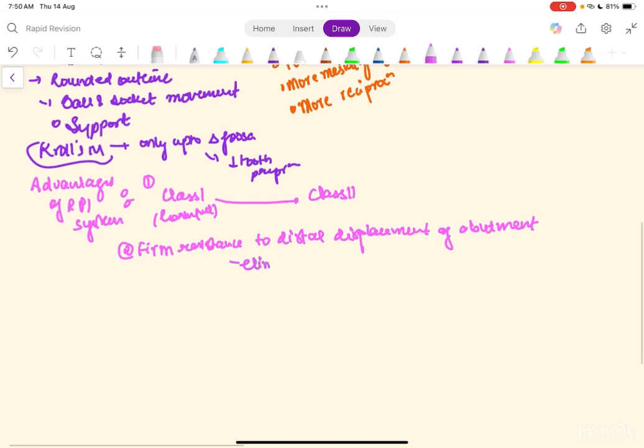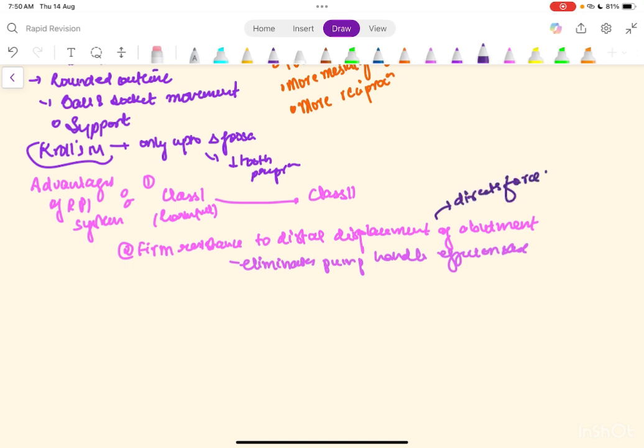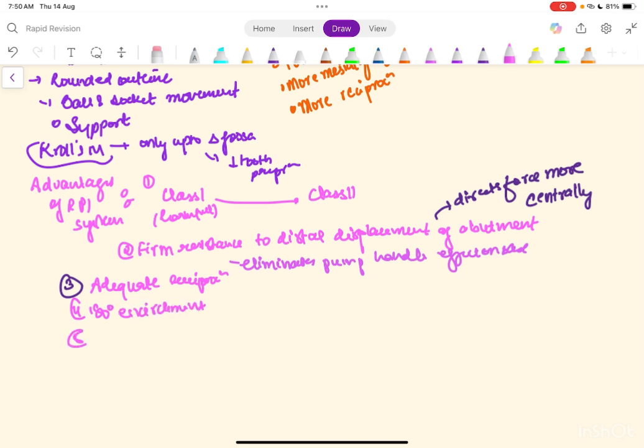It eliminates the pump handle effect on the base, that is, it directs force more centrally. Then third, it provides adequate reciprocation, 180-degree encirclement, aesthetics, and minimum tissue contact.